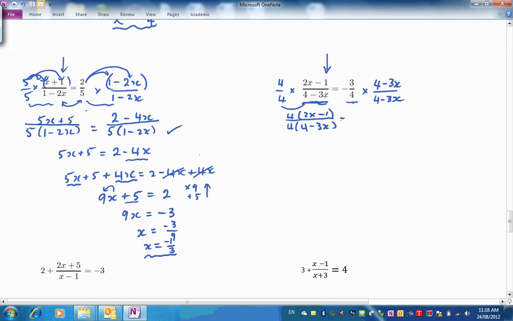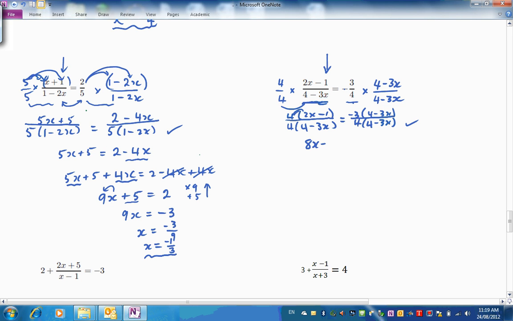Shall I do it in full this time? I'll write it out in an extra line perhaps. And over here, same denominator, and this time it is that negative. We've got to put that negative there with the 3. Lots of 4 take 3x. So put in an extra line now so you can check out what's happening. Let's look at the top lines now. It's 4 by 2x is 8x.